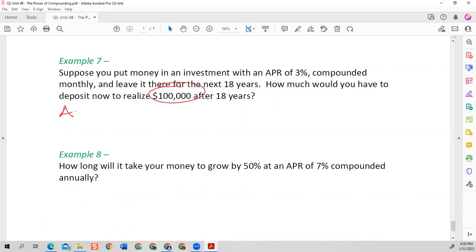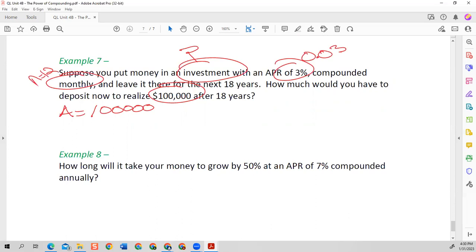So my A is actually that 100,000. So we're going to set this up a little bit different. We don't know what we need to invest. That's the P. We've been investing P this whole time. We do know that our APR is 3%, which is written in decimal form as 0.03. It says we're going to compound monthly, right? So N is 12, and we're going to do it for 18 years. So our formula will look like this.